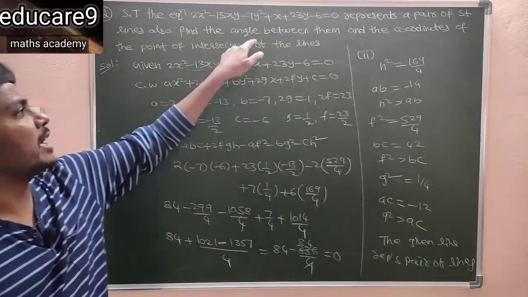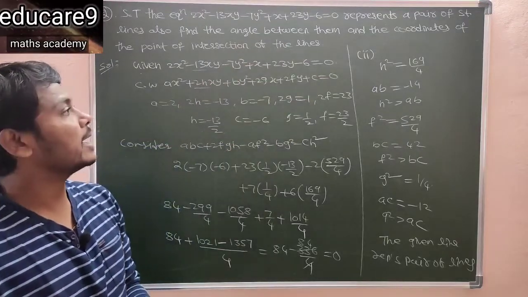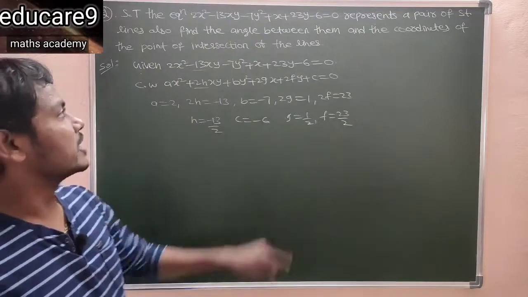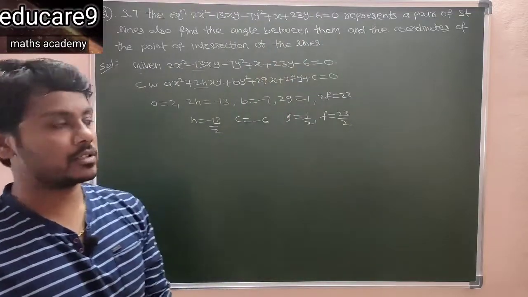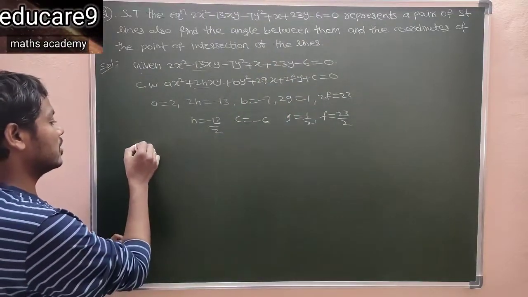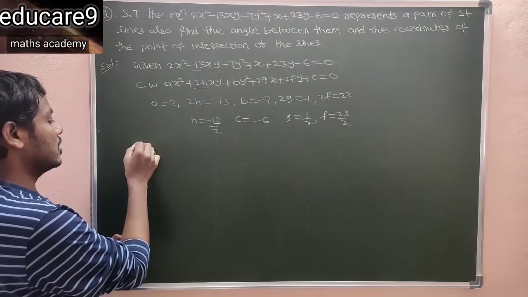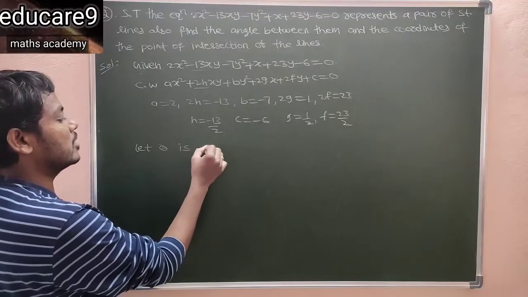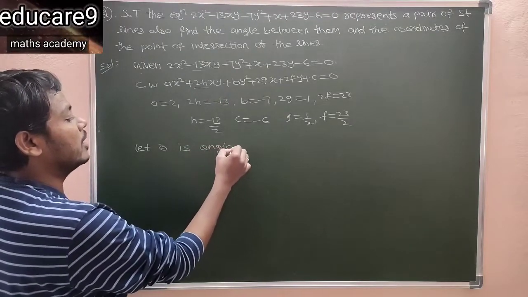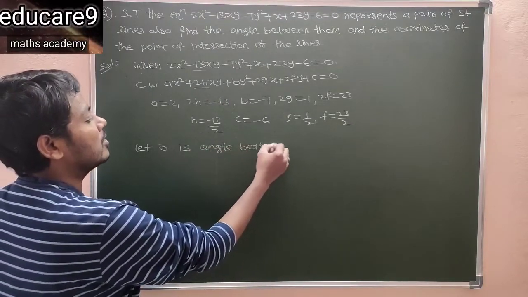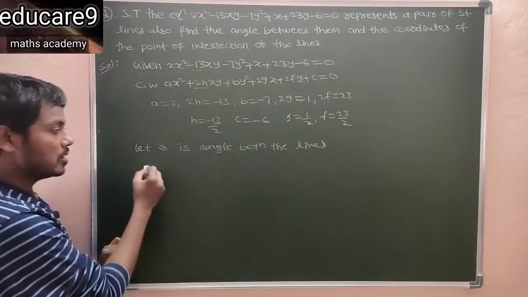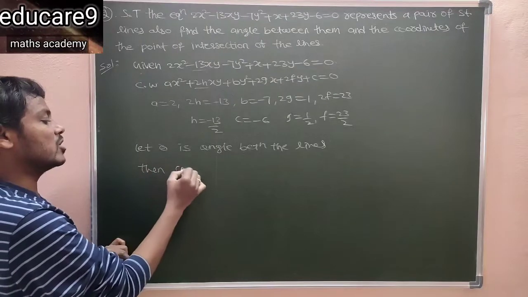And also find the angle between the straight lines and the coordinates of the point of intersection of the lines. Next, find the angle between the straight lines. So see here, let theta be the angle between the lines. So then, what is cos theta?